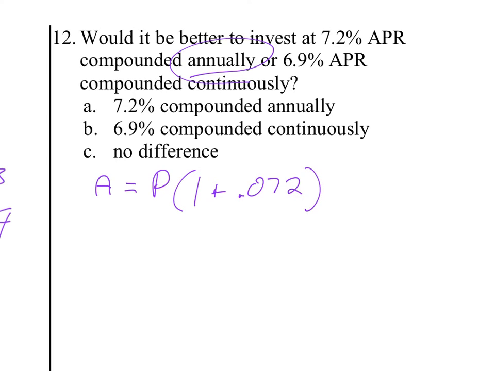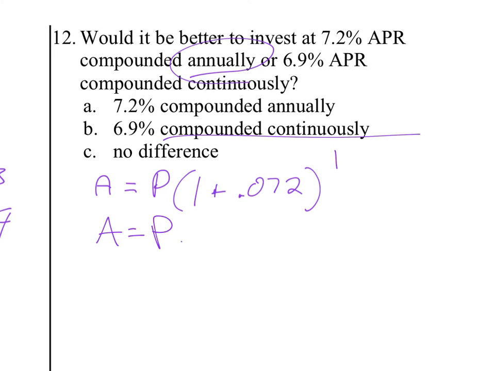To the rate to the t. So this is assuming 1 year. If t is just 1 year, that becomes to the 1. And if I'm looking at the other equation, compounded continuously is PERT.